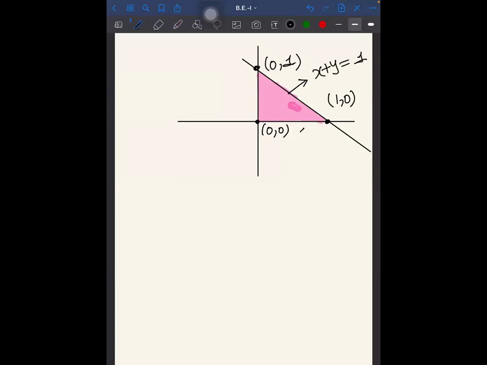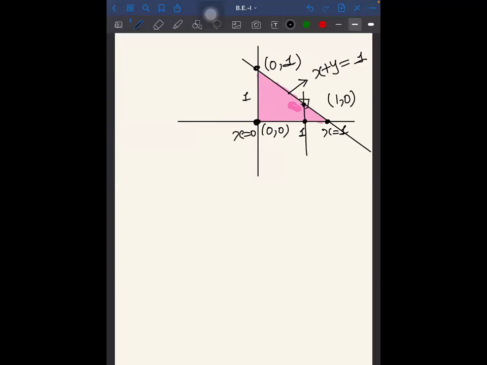Now you can think in two ways, because we haven't done this type of question yet. We'll focus more on how to set limits for these questions tomorrow, but I'm still telling you a bit now. If your x is varying from 0 to 1, then y is varying from here to here.